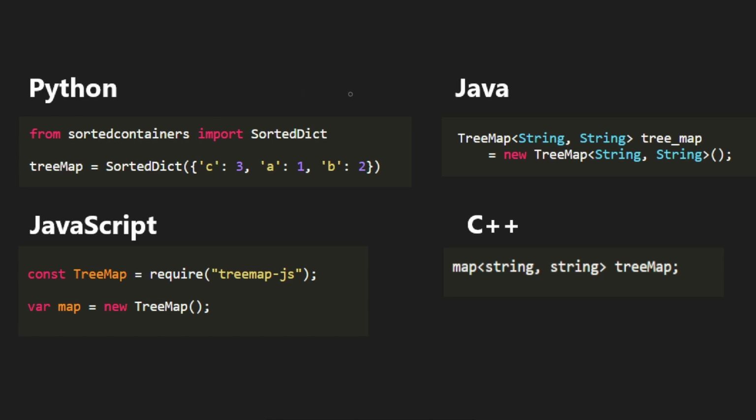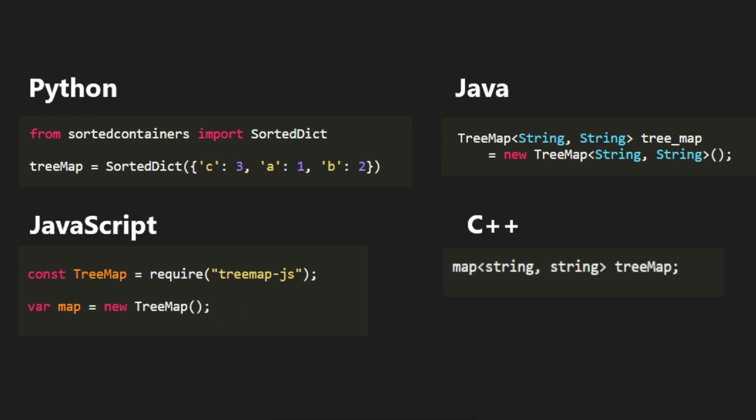Now, in terms of real interviews, it's most common that you're actually implementing a tree map or running some algorithm on a tree map, like searching or inserting or something like that. It's not super common that you actually need a tree map, like the built-in tree map at least. But if you run into that case and you're using Python or JavaScript, most likely your interviewer will let you assume that some object or some interface like that already exists and you can use it, and you don't necessarily have to implement it from scratch if that's not what the problem is.